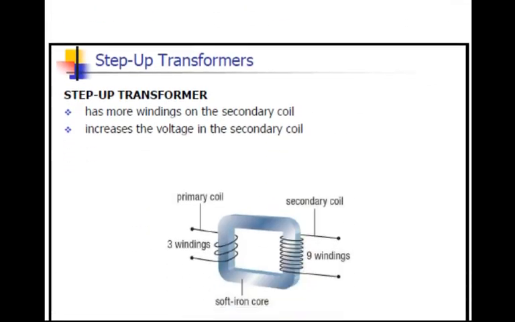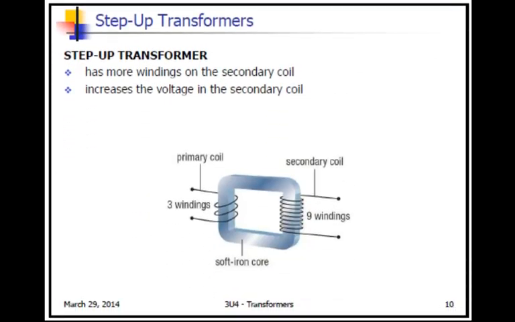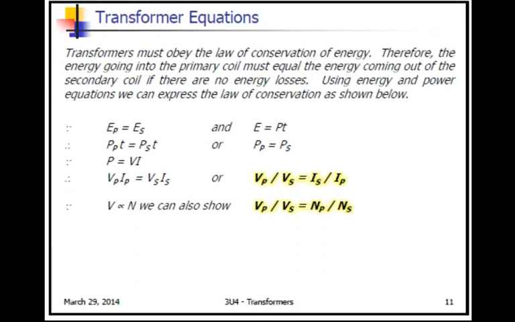This increases the voltage in your secondary coil. Transformers are defined based on how they increase or decrease voltage. So we step up the voltage, we step down the voltage. That's how we define it, not based on current, but we'll get into that as well.